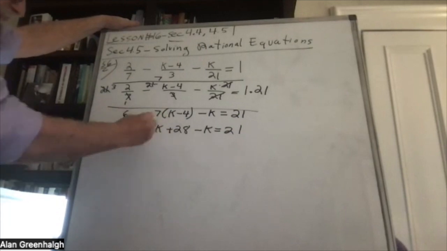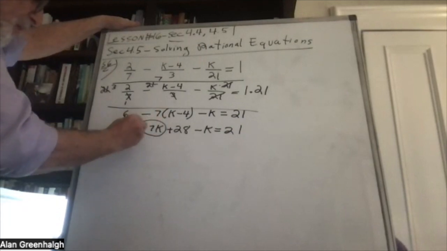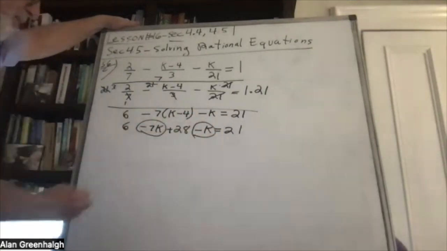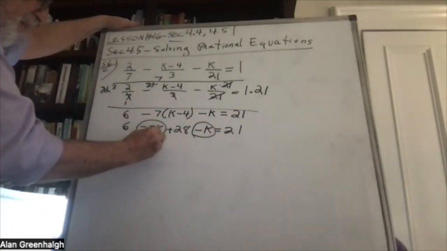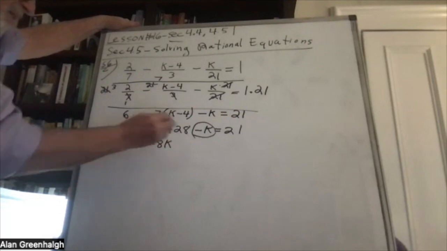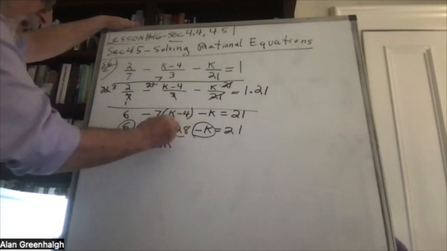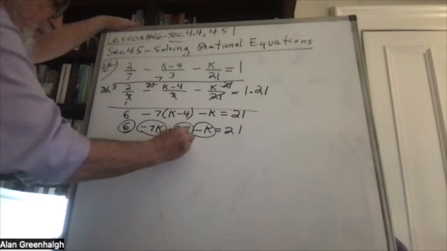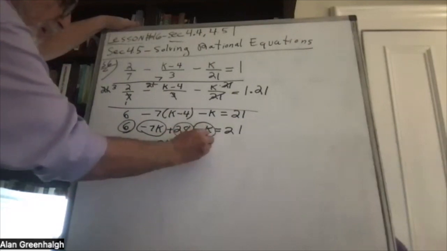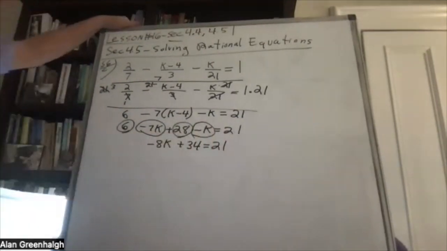Now let's combine like terms. So we're going to combine these two like terms, and this will give us negative 8k. Then we're going to combine this, and that'll give us plus 34 equals 21.